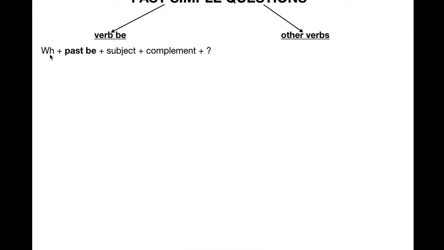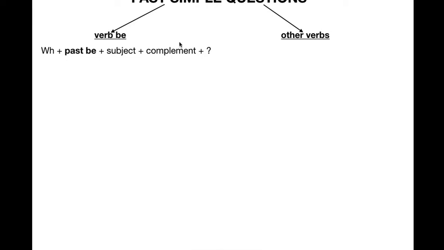Sorry about the title, but this is past simple questions, okay? So here we have the same with the verb be or with other verbs. The questions, right? Here we have the formula. WH, past of be, subject and complement if you want to use it. Remember, we have two different kinds of questions. WH questions or yes, no questions.